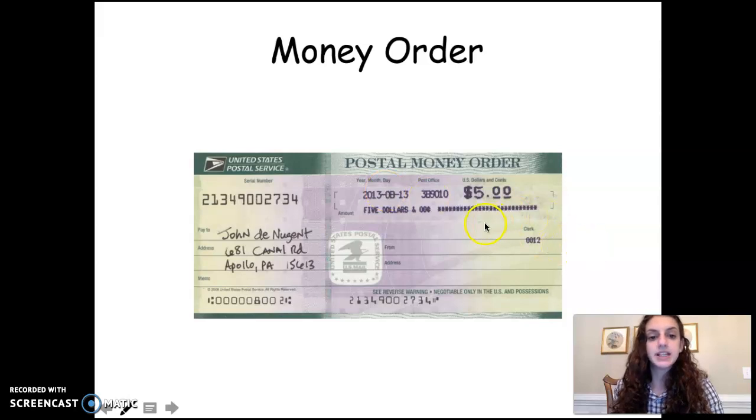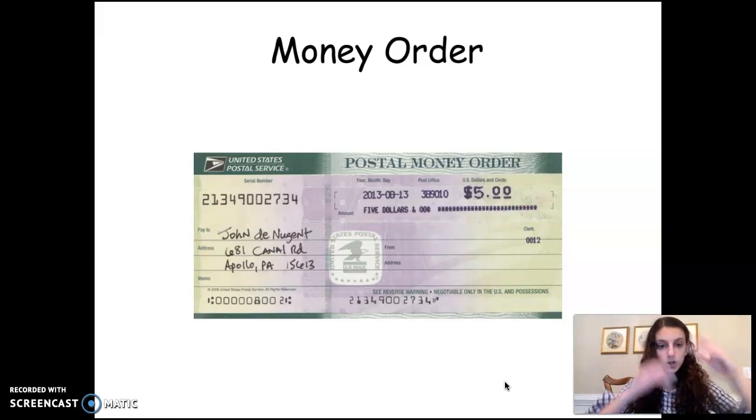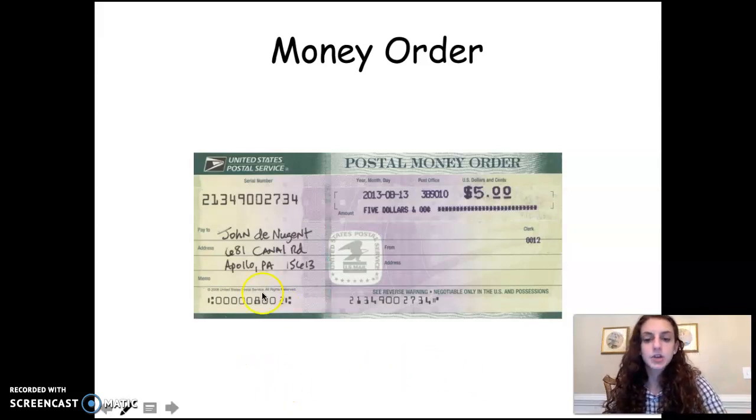Then you receive a money order, which is equal to the amount of money that you paid. Then you can fill out who you wish to pay this amount of money to.